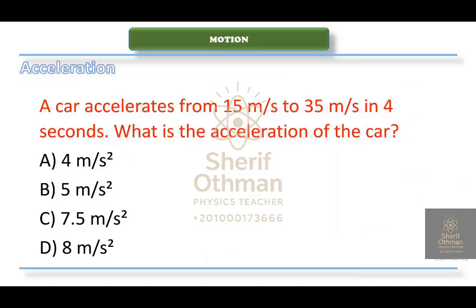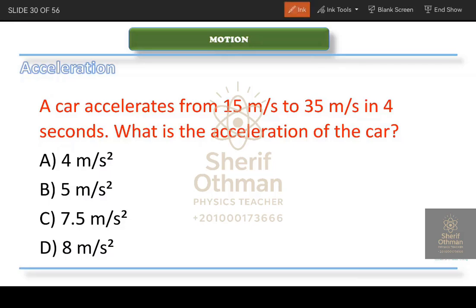A car accelerates from 15 meters per second to 35 meters per second in 4 seconds. What is the acceleration of the car? By applying the rule, A is equal to Vf minus Vi over time.